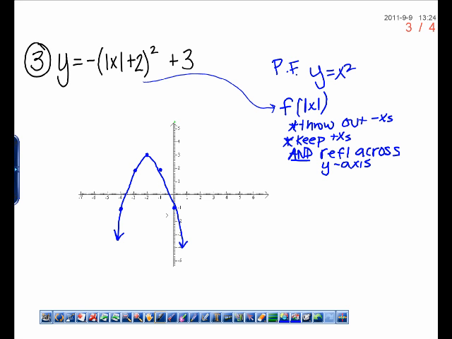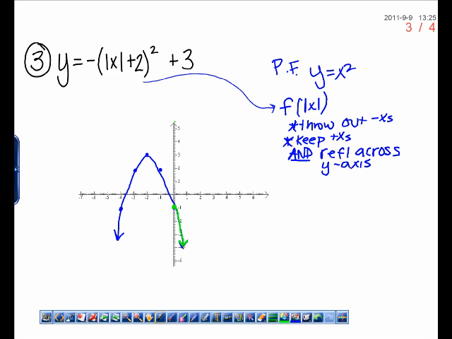Sketch your new graph in a new color. You just throw them out. Then we keep our positive x's. Our positive x's stay. And then what do we do with them?